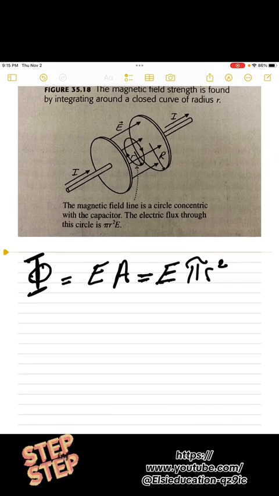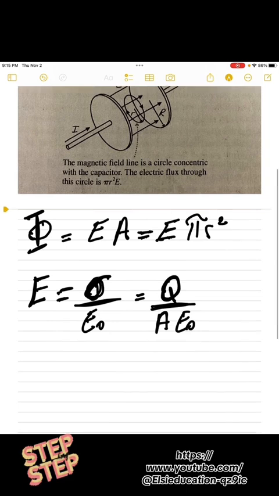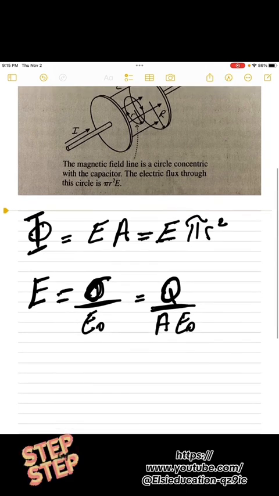The electric field inside a parallel plate capacitor is equal to sigma divided by the constant, and sigma is equal to the charge divided by the area. If we go further, we get the charge divided by πR² multiplied by the constant.